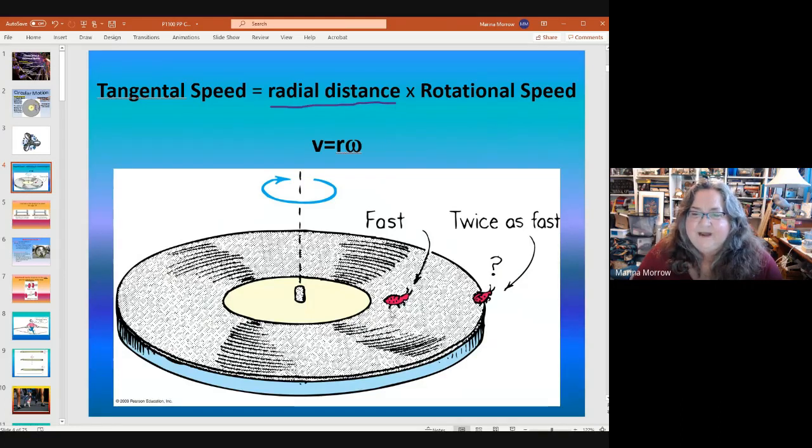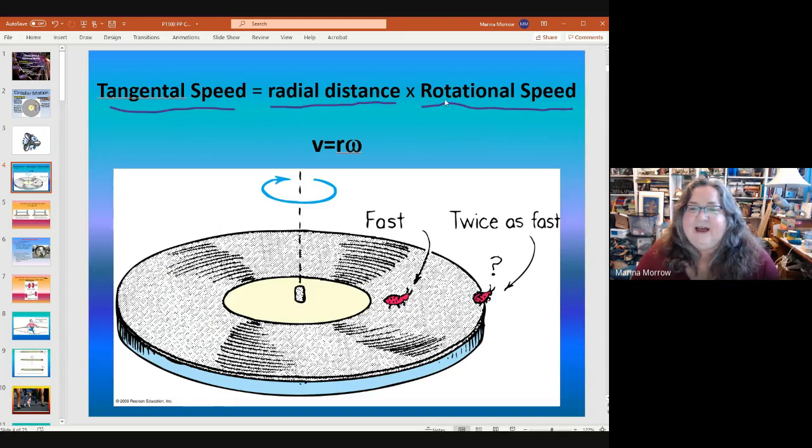So here we have an insect, a ladybug maybe, on the record. One bug is twice as far out as the other bug. Because of that, the bug that is twice as far out goes twice as fast. There's actually a formula for that: the tangential speed equals the radial distance times the rotational speed, if you've got it in the right units.